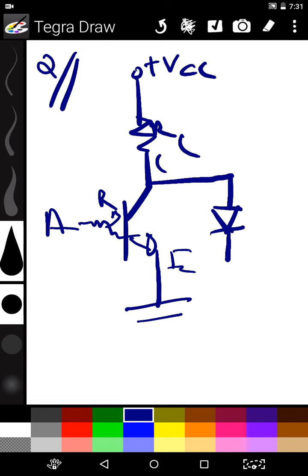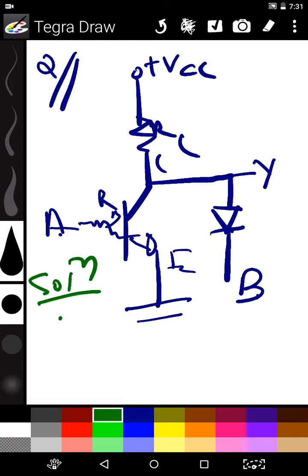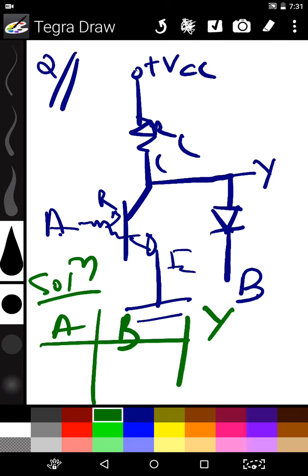This is a diode on the B terminal. Now we have to find out, taking A and B as inputs, how the output y will vary. Now we'll go for the solution. A, B and y the output.